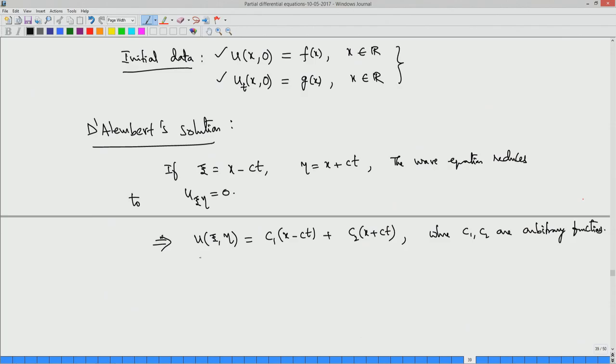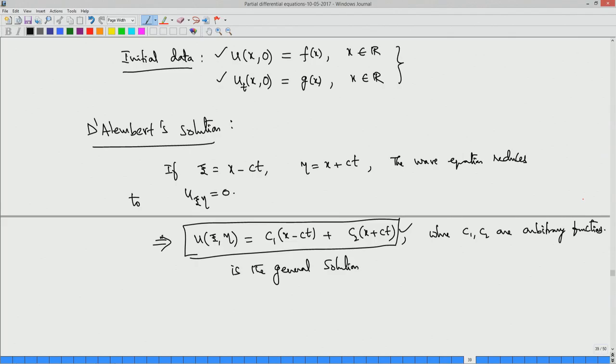So, once you have this, this is your general solution of the wave equation, that is what we have seen, okay.